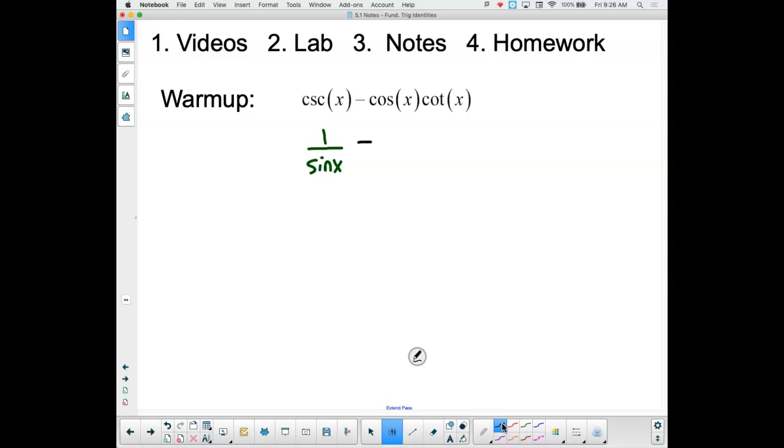Okay. So then you said that this was cosine of x times cosine of x over sine of x. And then did you simplify that? I simplified it to cosine squared.